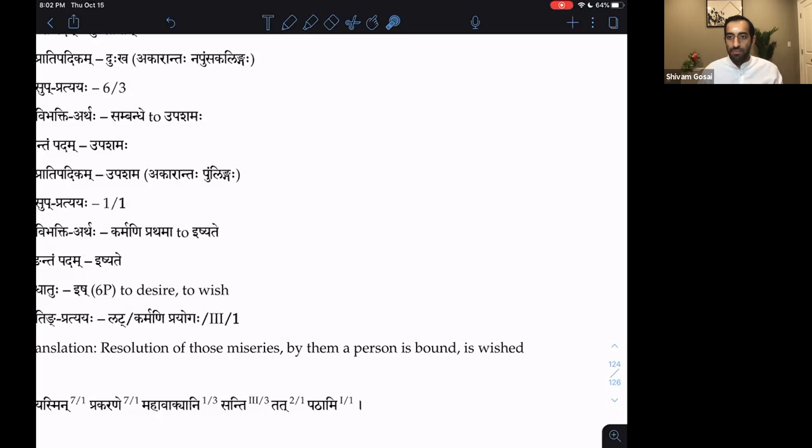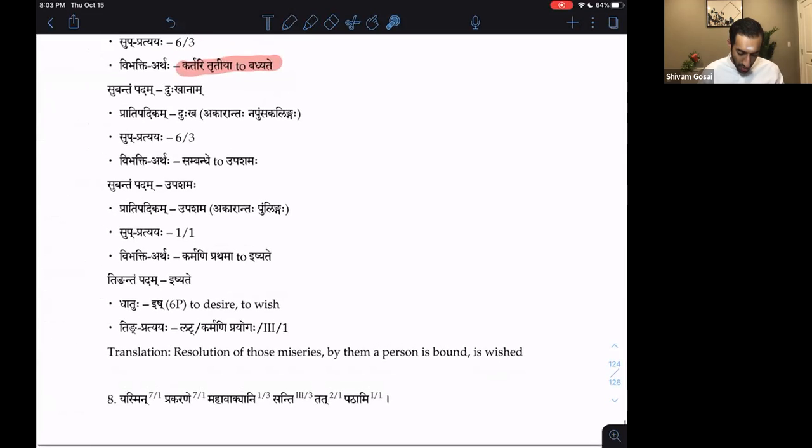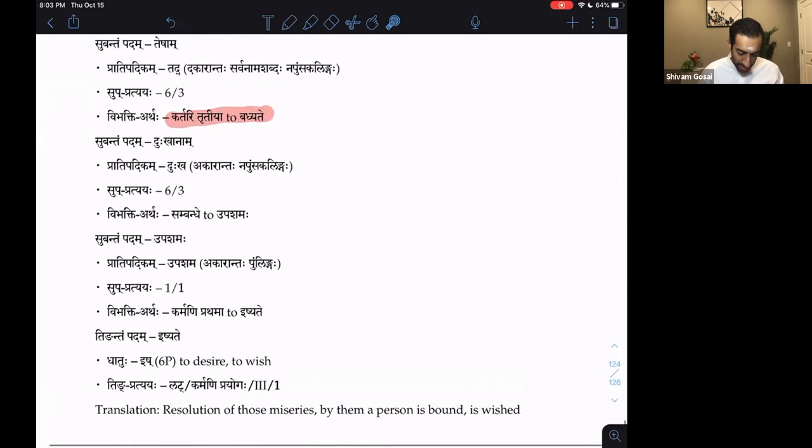So there's a question. To make the sentence clear, can we add taihi to the tad clause? And so we can say taihi upashamah ishyate. So notice how the tad clause is sixth case, right? So we already have a tad in that second clause. So it's the resolution of those desires.